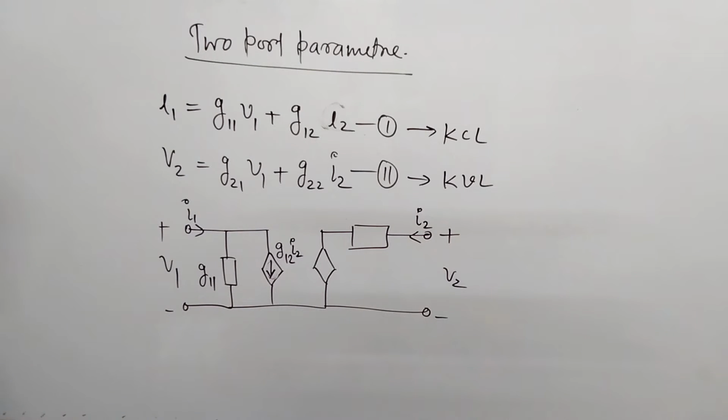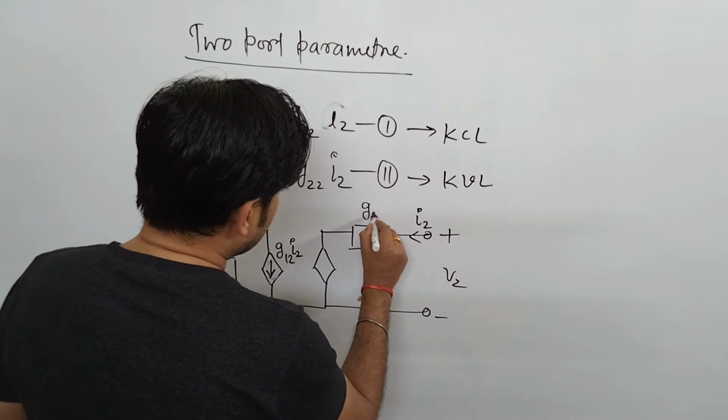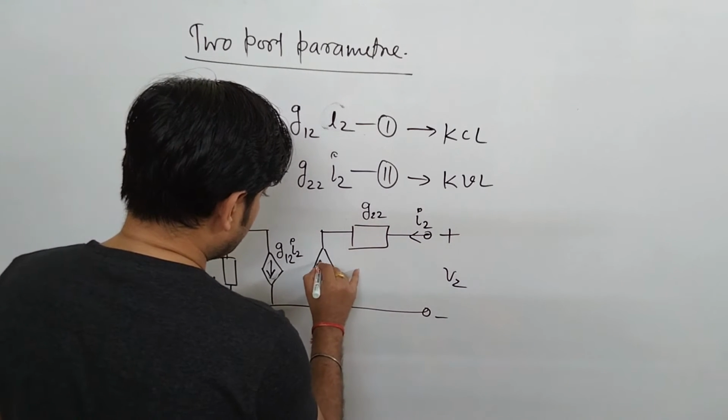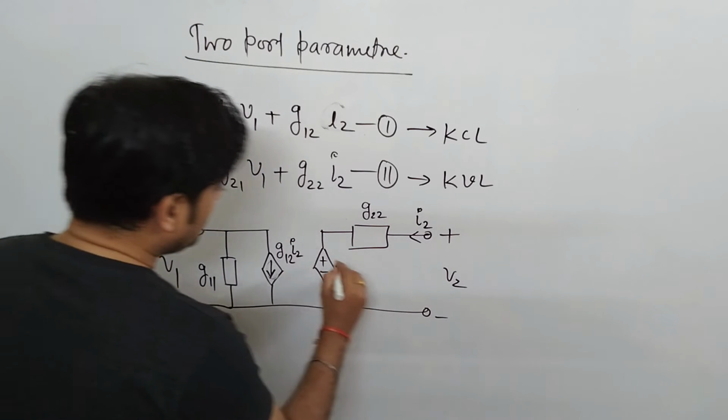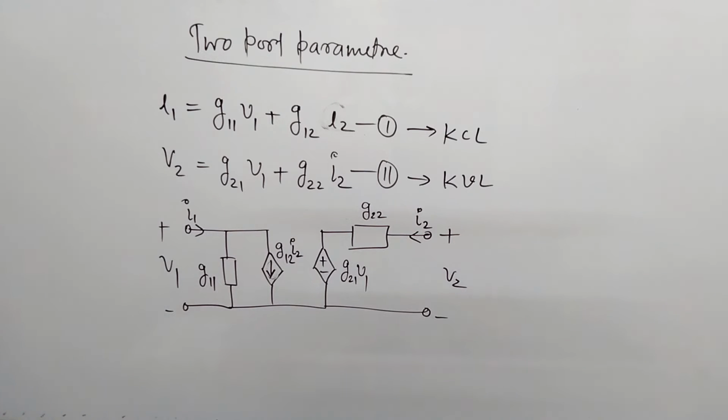Similarly, this comes to be your G22 and this is your voltage source. Why? Because it is a KVL equation. So it is G21 V1. Very simple.